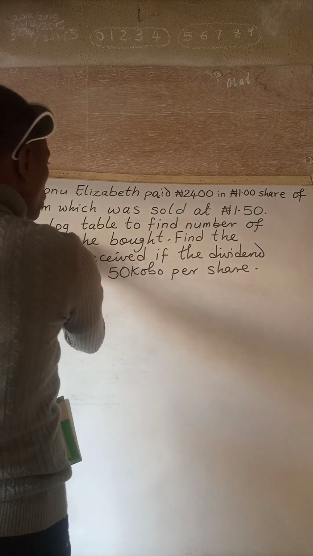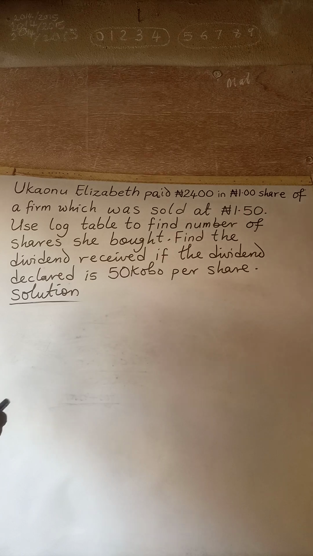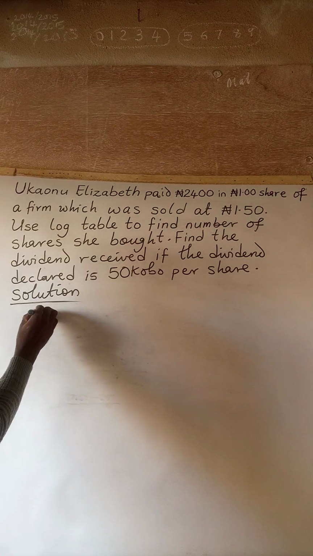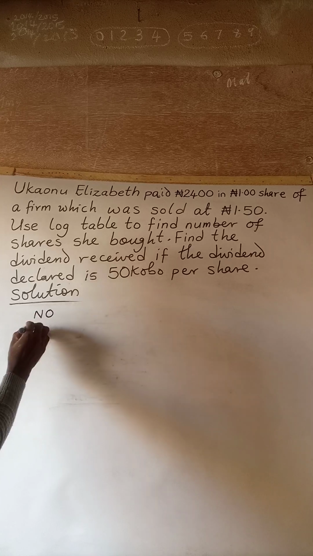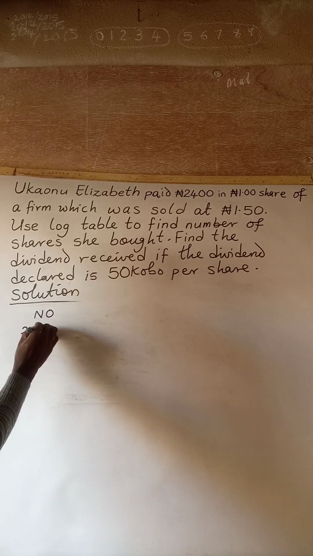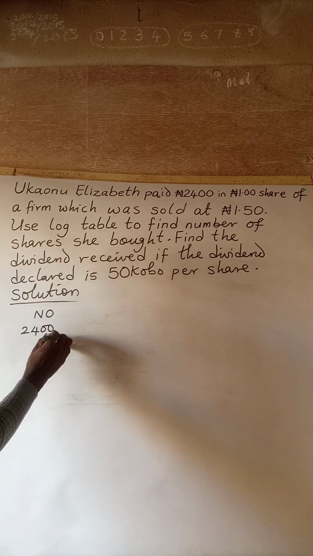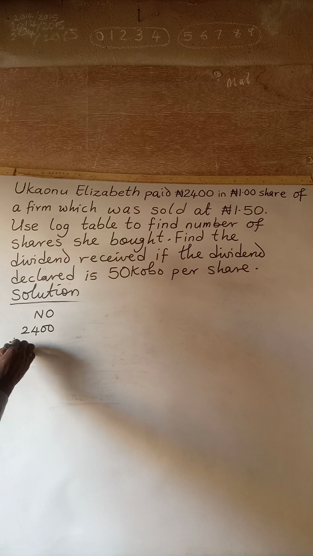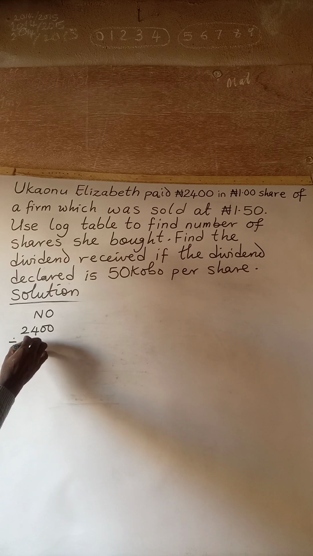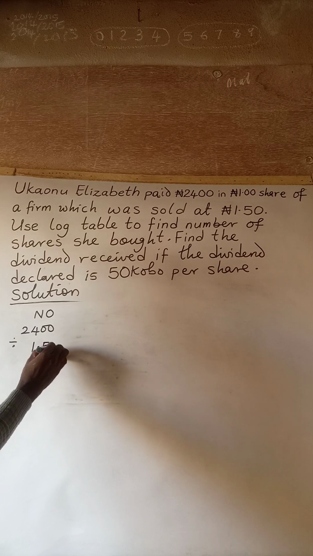But they say that we should use logarithm table to find the value. So what I will do now is write the number 2,400, which is the amount Okono spent, divided by the cost of one share, which is 1 naira 50 kobo.